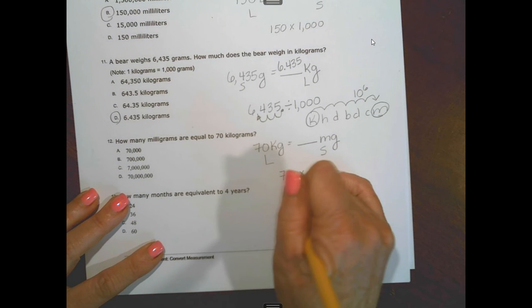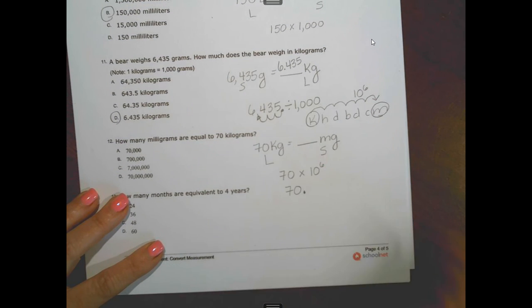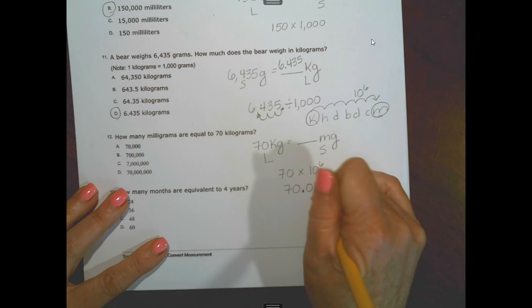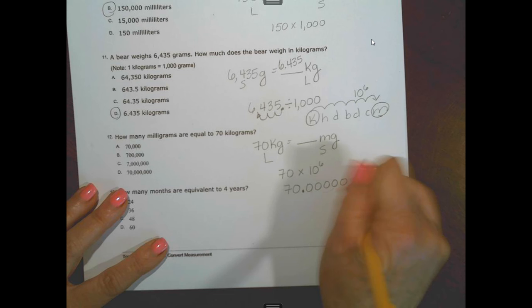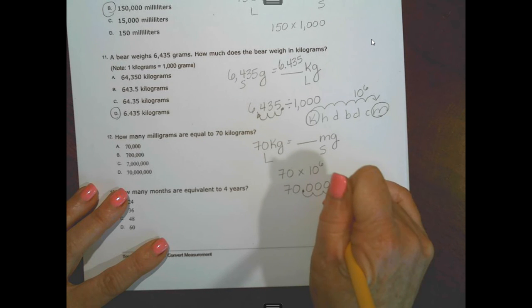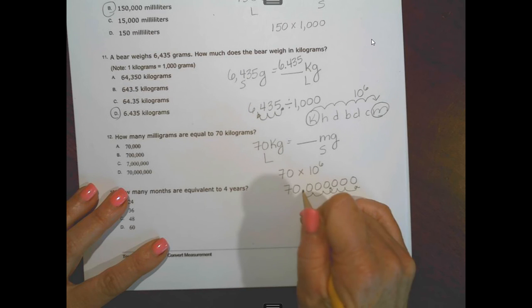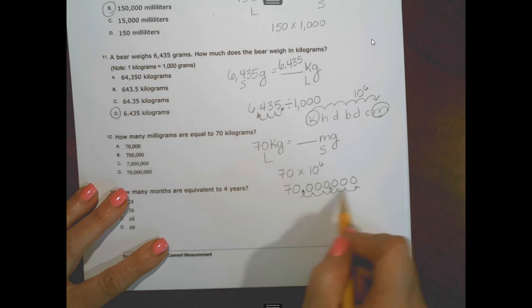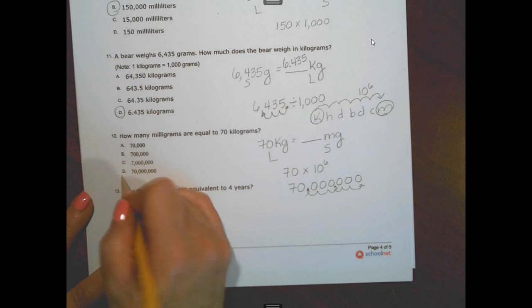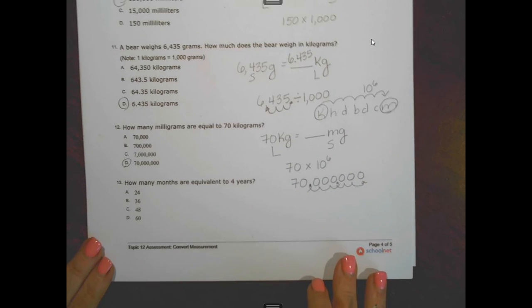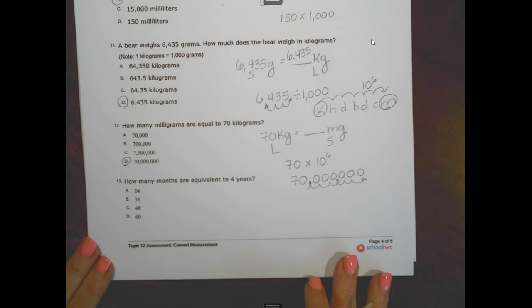I could write the 70, put a decimal behind it, and annex. So, when I move it to the right, I would be annexing 1, 2, 3, 4, 5, 6 zeros, right? 1, 2, 3, 4, 5, 6. Yep. Come over, put in those commas, and that gives me 70 million, which is D. Yeah, that one gets a little tricky with all those zeros, so hope you were very careful with that one.